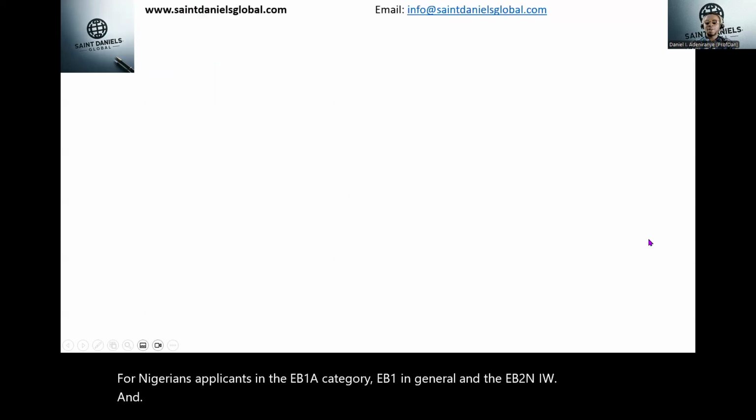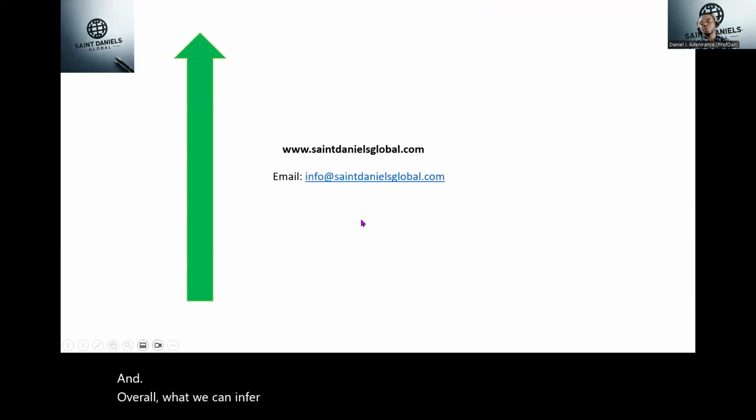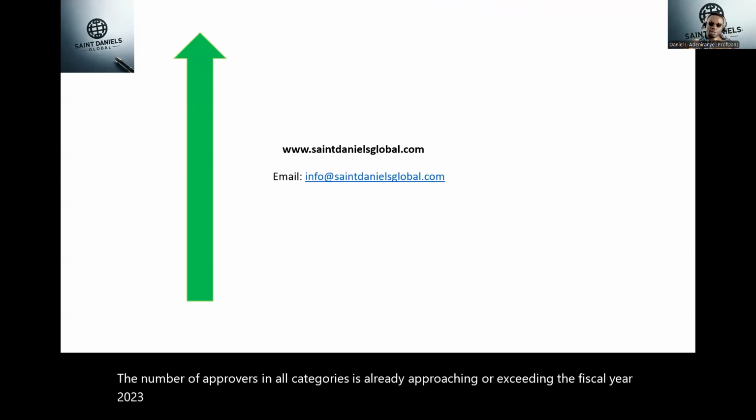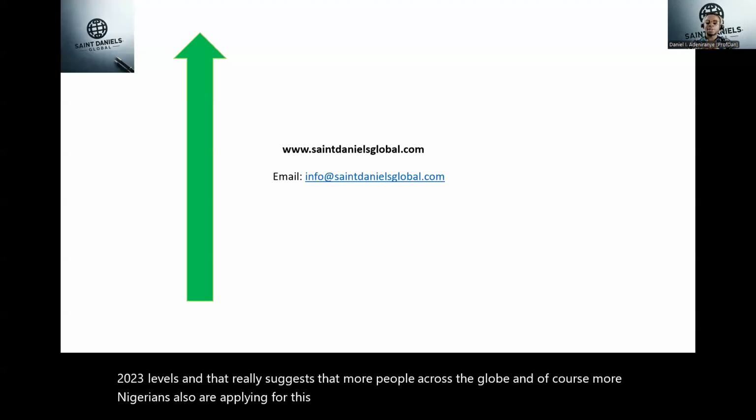Overall, what we can infer is that the number of approvals in all categories is already approaching or exceeding the fiscal year 2023 levels. And that really suggests that more people across the globe, and of course, more Nigerians also, are applying for these employment-based green cards in fiscal year 2024. That is it. There is a growing trend.